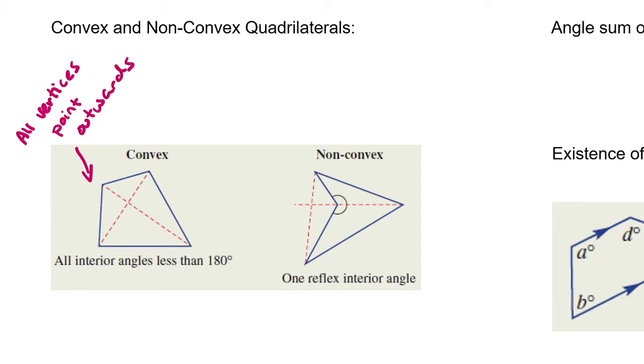Okay, so that's a convex quadrilateral. All the interior angles, as shown here, are less than 180 degrees. They can be obtuse and they can be acute, but they cannot be reflex angles in this one. And all the vertices point outwards. So nothing points in, everything points out.